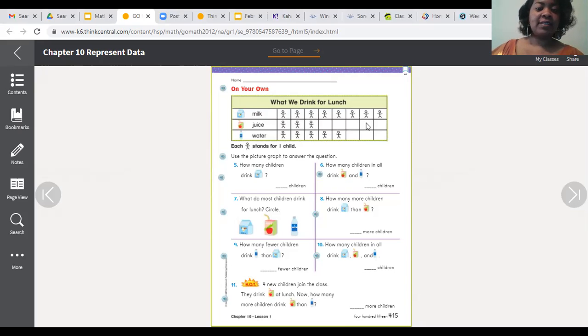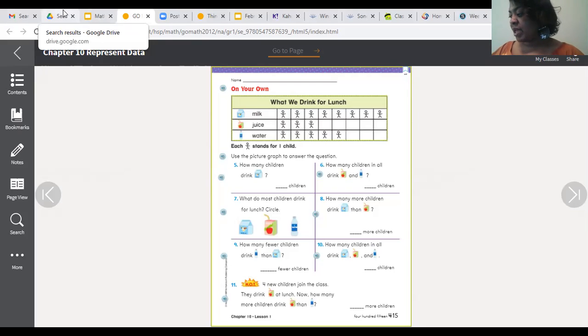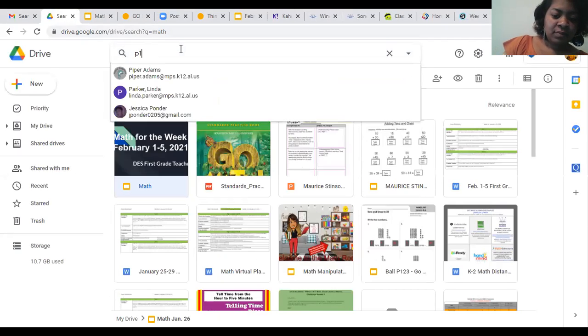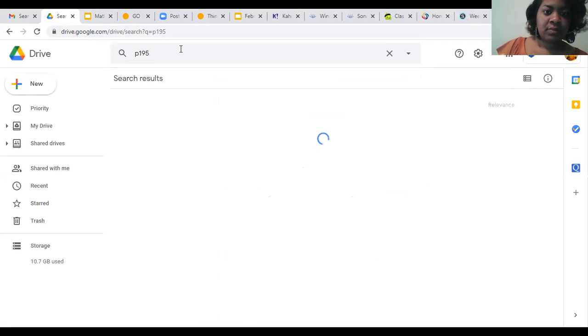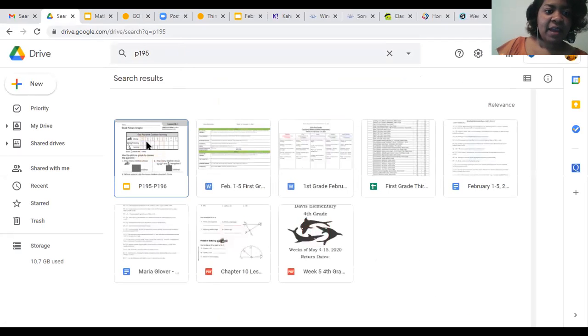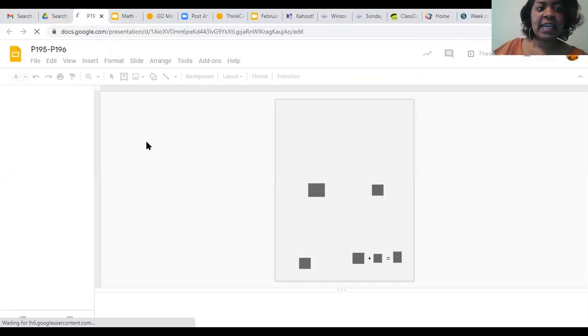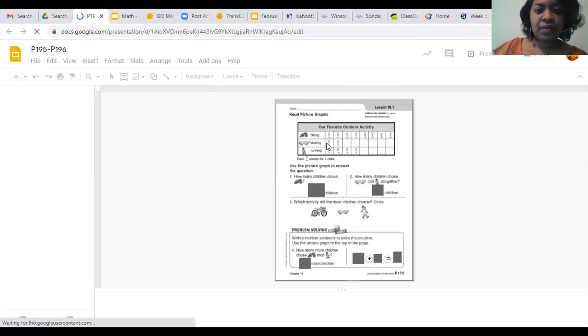All right, awesome. So you can practice this page on your own, and you also have an assignment, and it is P195. Okay, so P195 and P196. Again, you have this in your packet.